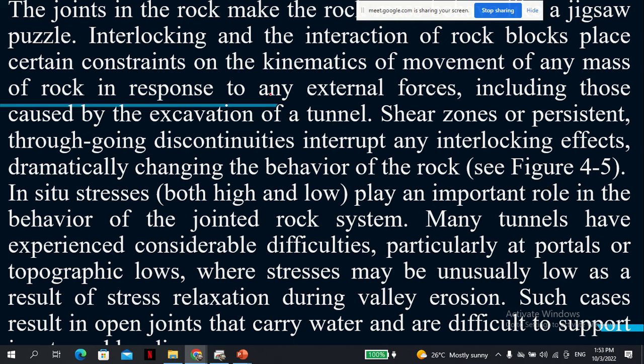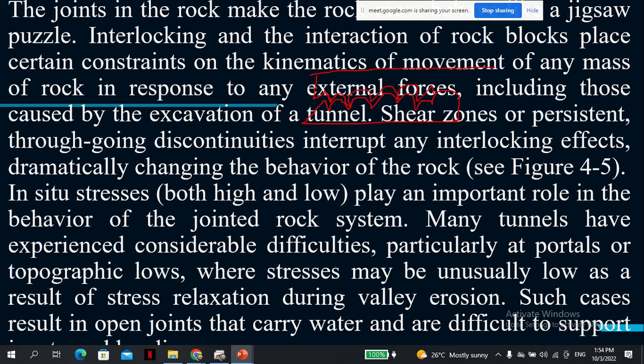So let me try to explain a little bit. If you have the rock mass probably like that, and then another one on top like this. What we mean is this: these edges will fit there, and this other fits there. So you can see it's like a jigsaw. That's what we are saying.